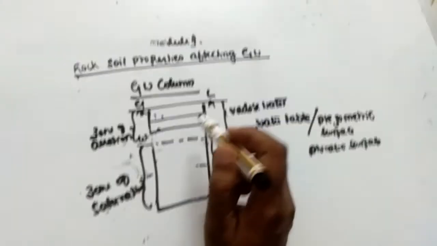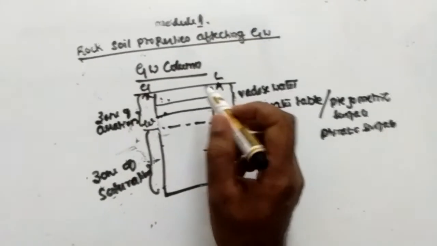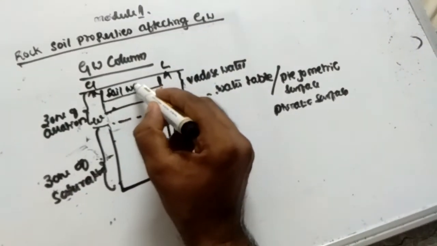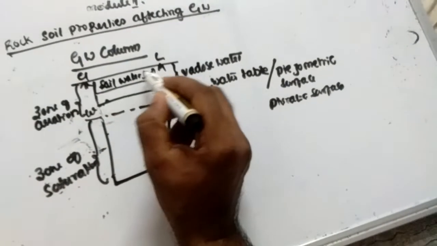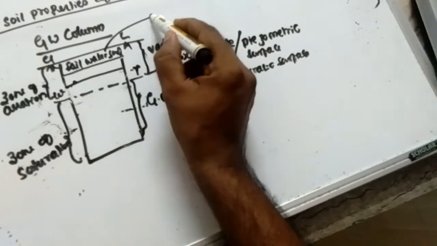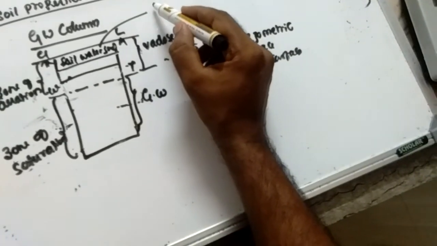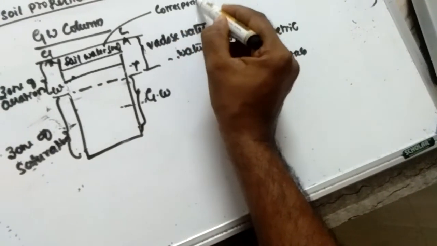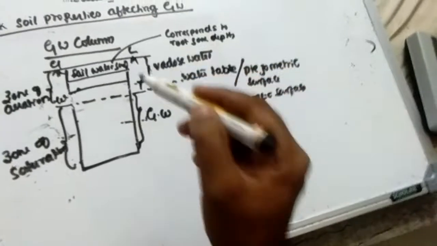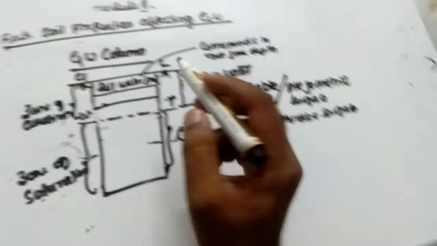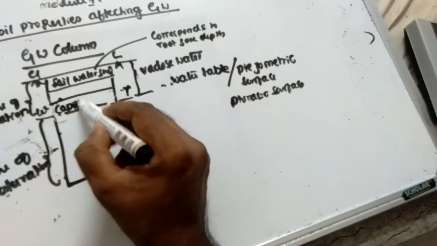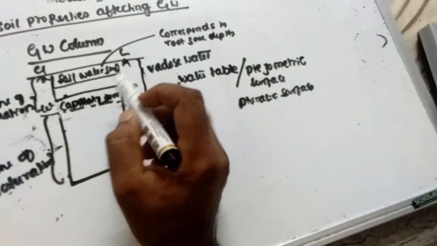The top one is known as the soil water zone, which corresponds to the root zone depth, and the bottom one is known as the capillary zone, or capillary fringe.